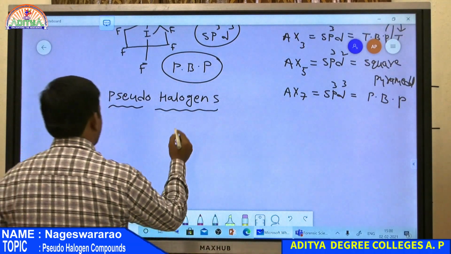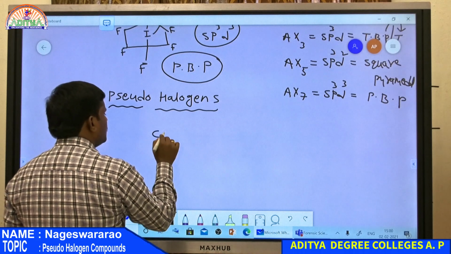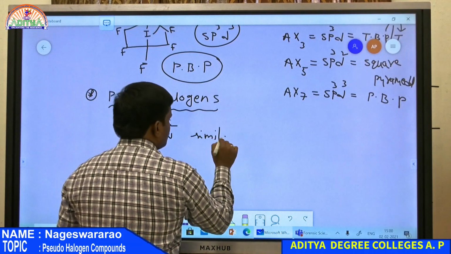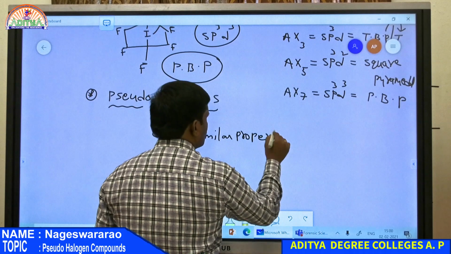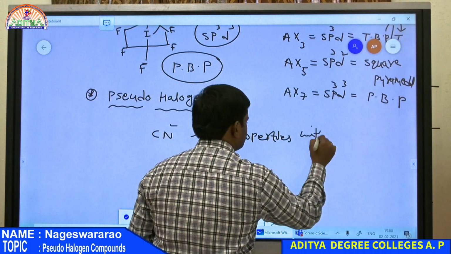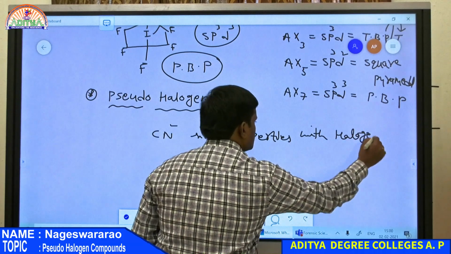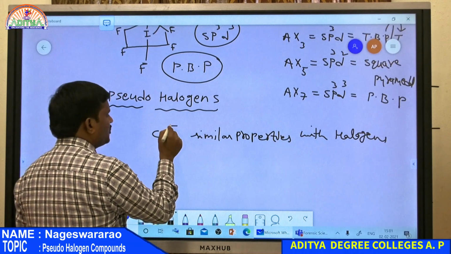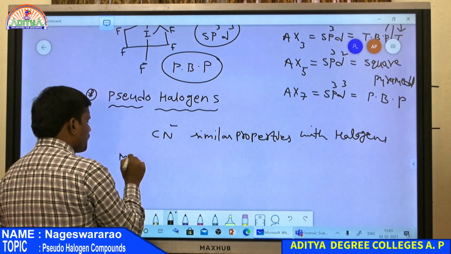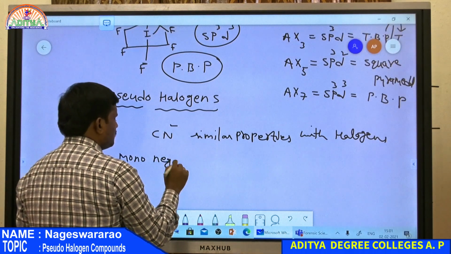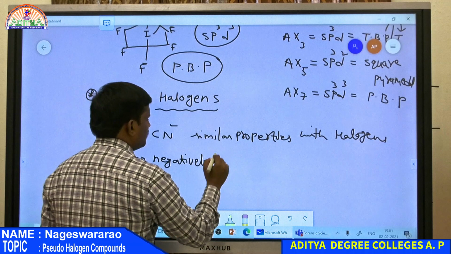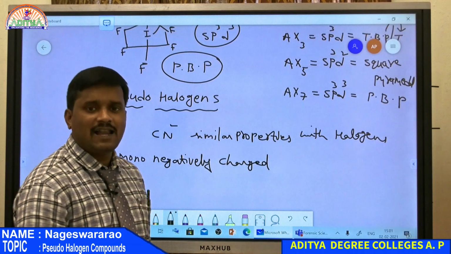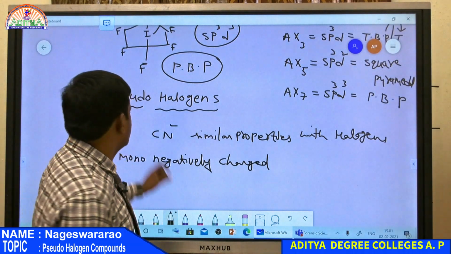Any mono negatively charged ion, so mono means -1, having characteristic properties similar to halogens, then that ion is known as a pseudohalogen.